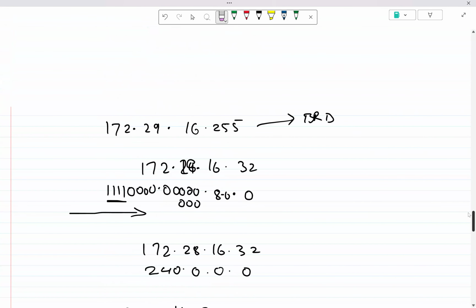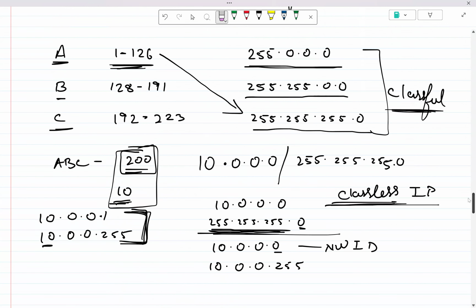So when you break the classful rule, it is called classless. Basically, you are dividing a big network into smaller sub parts, or smaller subnets. That is how the word came, subnets.